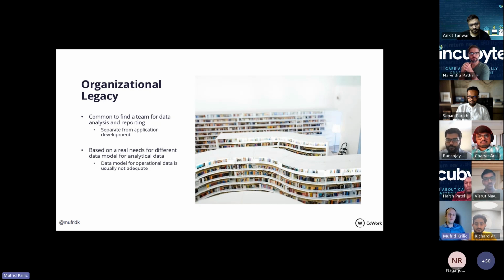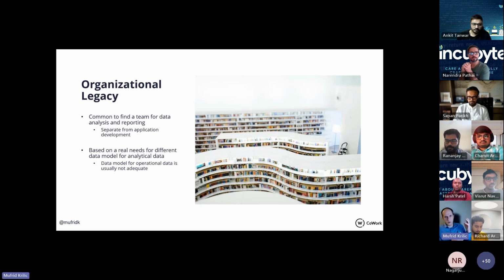And I see this picture in many places, that there is this separate team of data engineers and data analysts, which provide data for reporting purposes for business stakeholders, separate from application development usually. And this is okay because it's based on real needs.